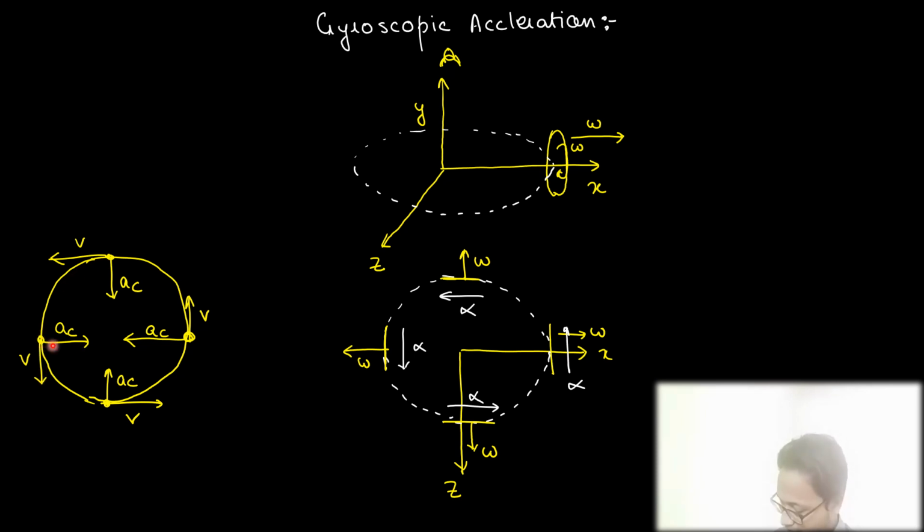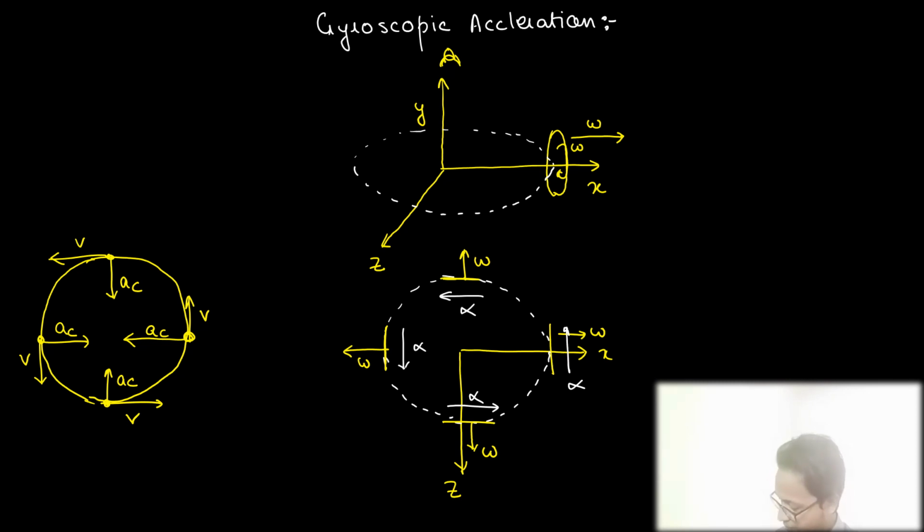Similar kind of thing occurs out here. The angular velocity vector is in this direction, the acceleration vector is in this direction, so after a certain while, the angular velocity vector becomes in this direction. Out here, the acceleration is in this direction, so the angular velocity becomes in this direction, and so forth.